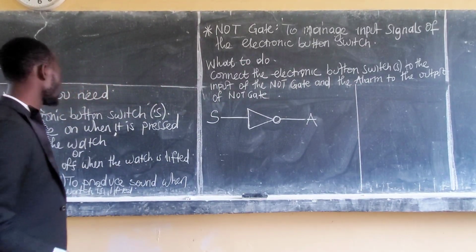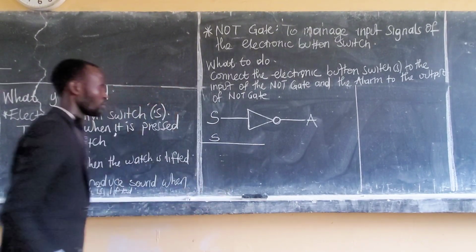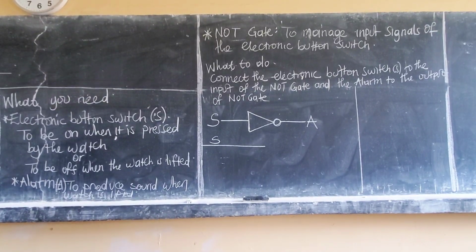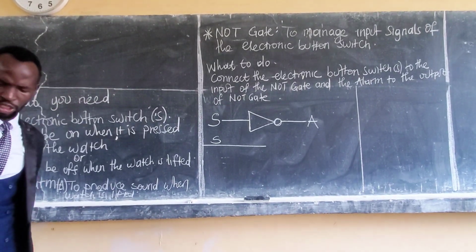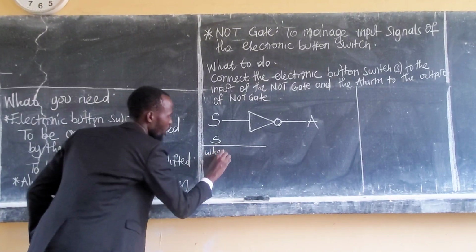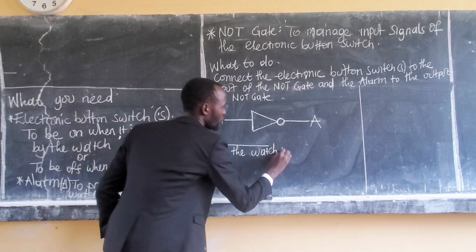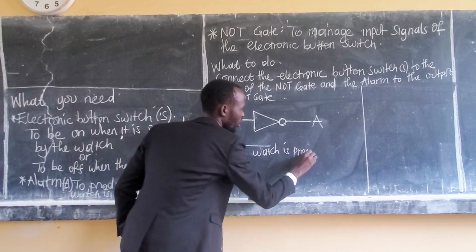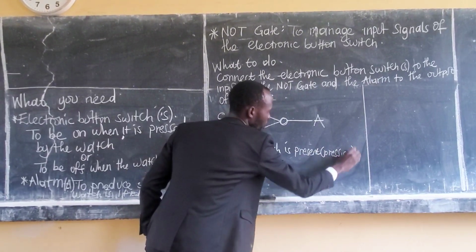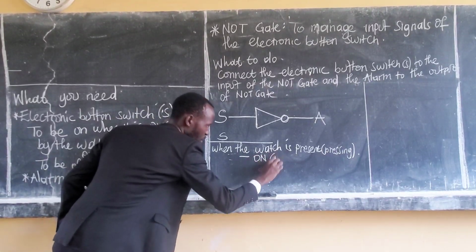So what really happens? We have our switch S. The electronic button switch S, when the watch is present and pressing it down, will be on and it will be a 1.